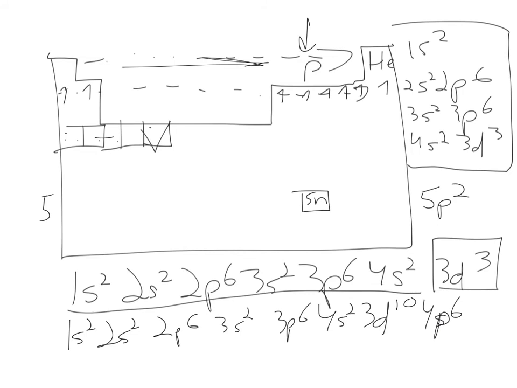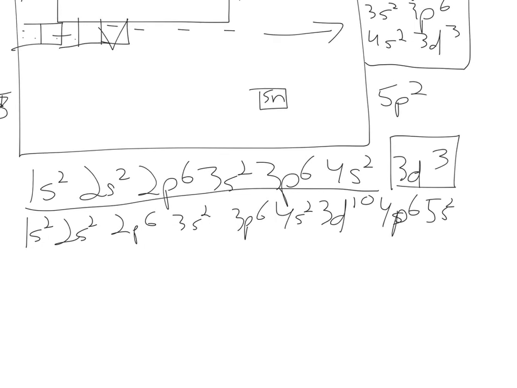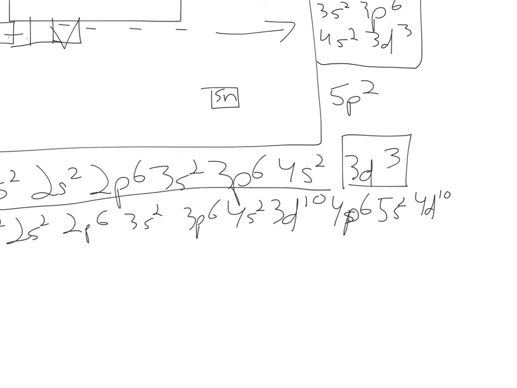That gets me all the way across row 4 to the end, and then I start again on row 5. I should hit 5s2, and then I get to the 4d10. Sorry, I gotta keep going, I'm out of room here. I get to the 5p, but he's 2 over. He's a 5p2.